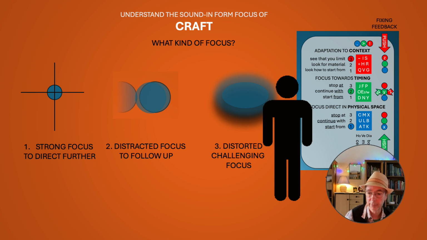I was already a little bit distracted by a little fly here. No, are we with craft? If we start a craft, what do we first do? Do we start from a strong focus, from that we know what we're doing, what we have, or do we really have to go and look for it?